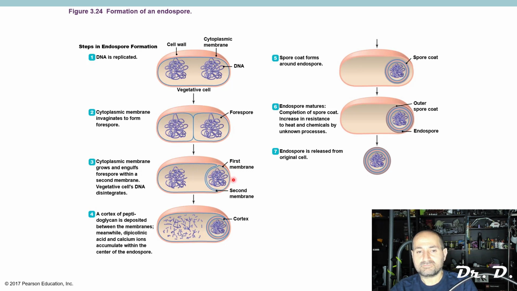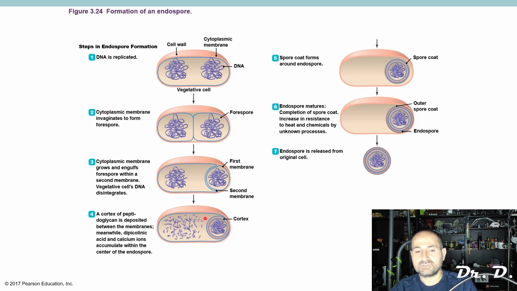The membrane encloses around this nucleoid, and what you form is two membranes around this copy of the DNA, and then the vegetative chromosome gets segmented and degraded. Now peptidoglycan goes in between the 2 membranes.